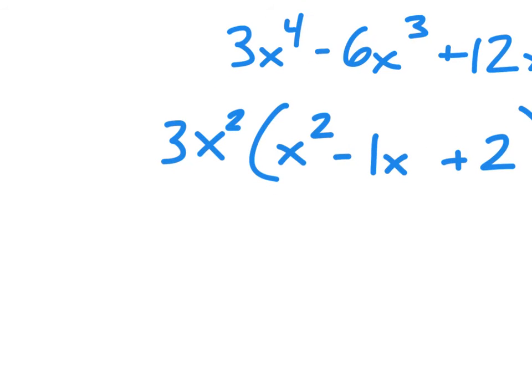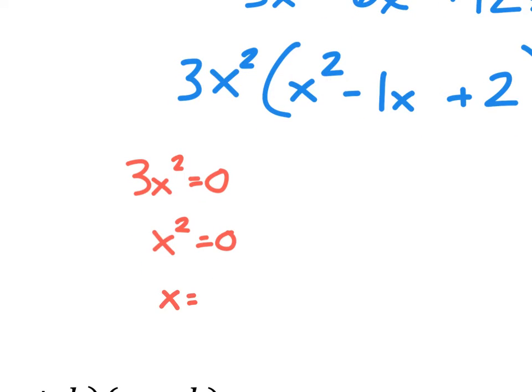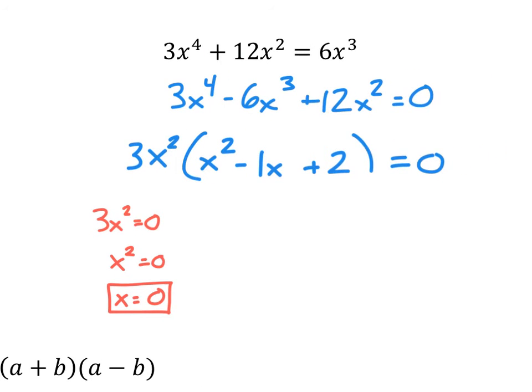Now, if we set up 3x squared is equal to 0, divide both sides by 3, take the square root of both sides, which normally involves us using a plus or minus, but 0 doesn't have a plus or minus.